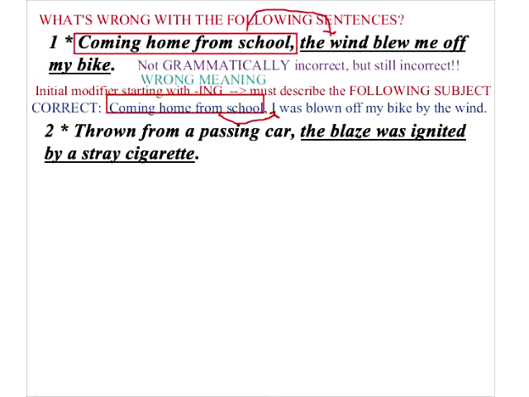you have an initial modifier, "thrown from a passing car." This kind of thing here, "thrown," is what is called a past participle. If you don't know what past participles are, you may want to look that up with a Google search or other such tool.